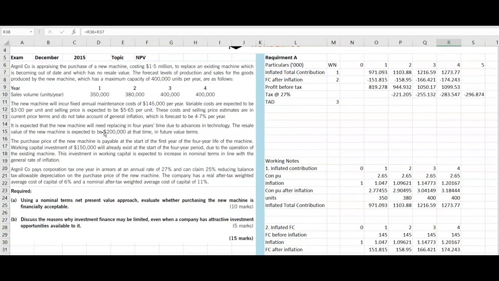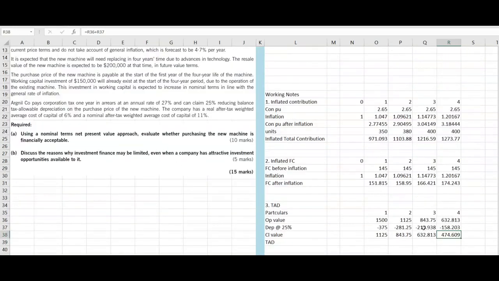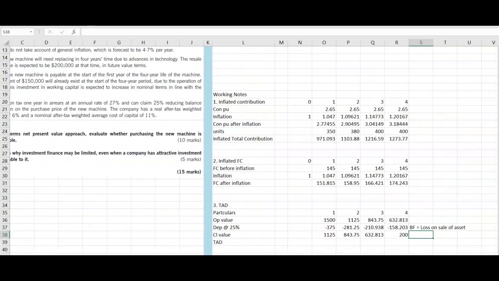The resale value is 2 lakhs, okay, or in our calculation it's just 200. So what happens is the balancing figure refers to the loss on sale of asset. So that loss on sale of an asset is a income for the company.